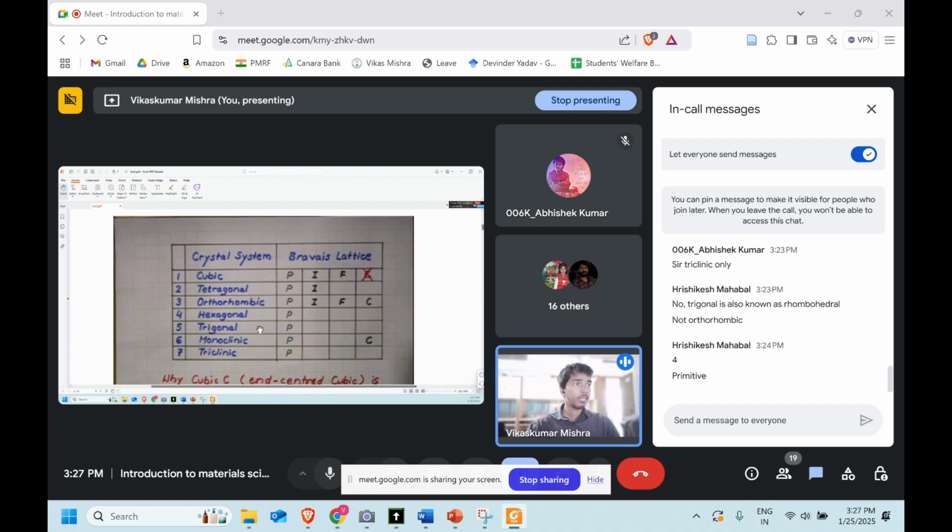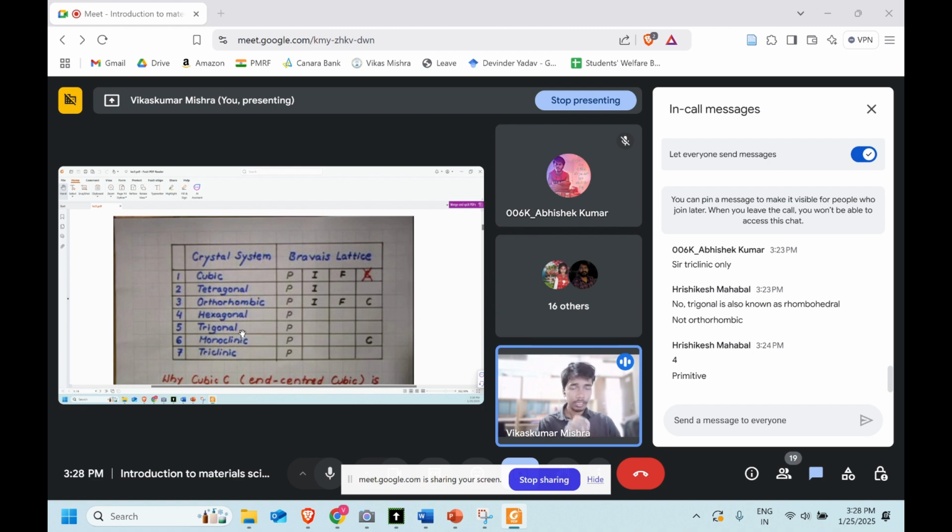Our question C was telling that we need to find the crystal systems in which there is only one Bravais lattice, and that is primitive. Here primitive is there, body centered is also there, so we will not include that. We only want primitive. Primitive is only there in the hexagonal, trigonal, and the triclinic. Just one more thing, trigonal is also known as rhombohedral.